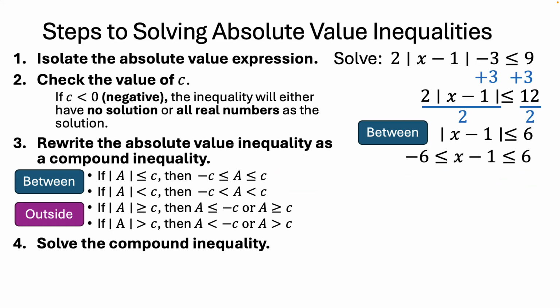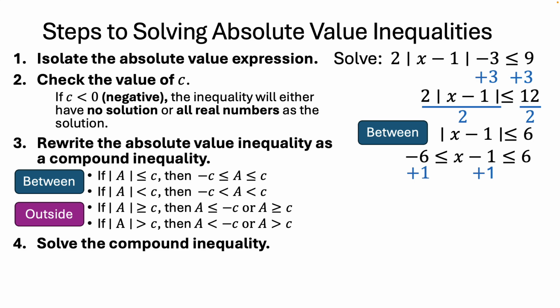The fourth step is to solve the resulting compound inequality. When you're solving this type of compound inequality, you're trying to isolate the variable in the middle. So I want to get x by itself. That means I need to add 1 to the middle. But of course, what I do to the middle, I need to do to the two other pieces of this inequality.